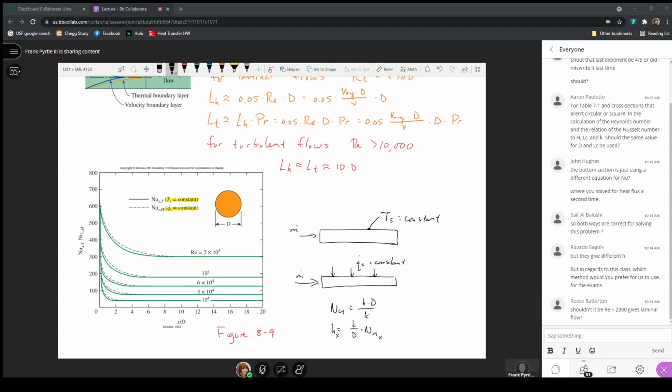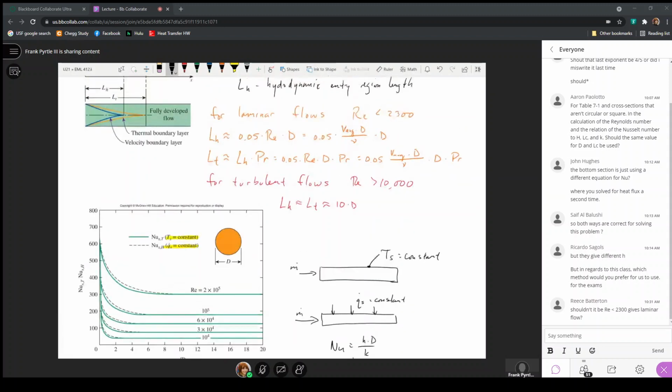Typically the average heat transfer coefficient is what we'd be looking for, because we want to consider, as fluid is moving through this pipe, how much heat is being added to it or removed from it as it moves through the length of the pipe.